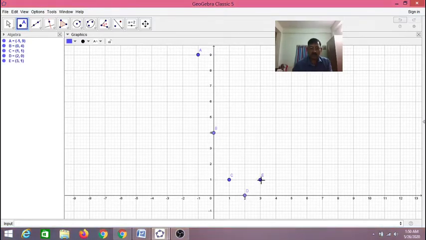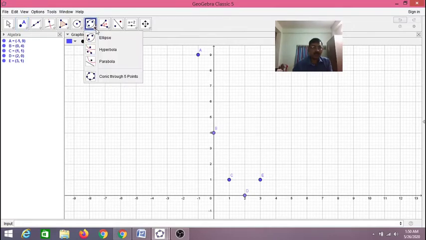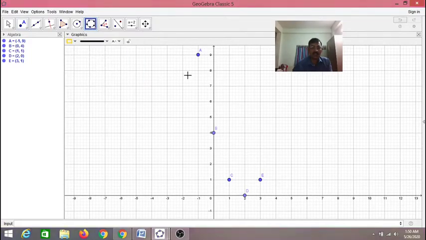Can you guess what will be the fourth point? It will be again 4 comma 4. Right, now first let us plot the graph and observe whether our expectation is correct or not. Now let us try to understand this.